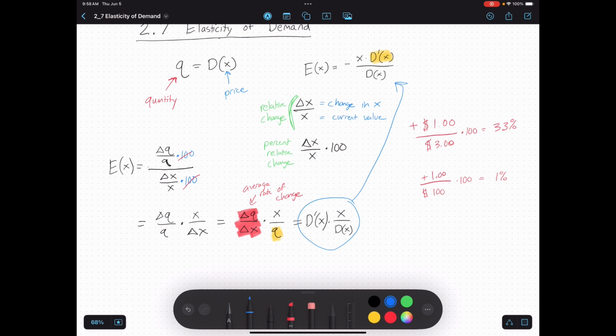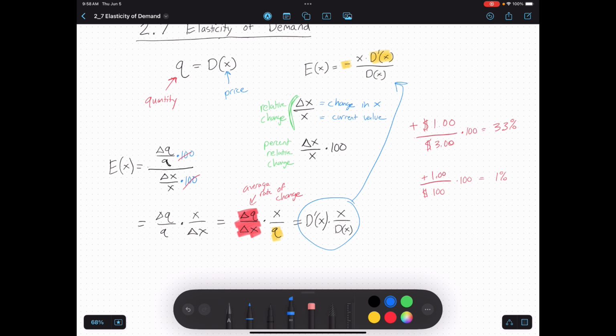The only thing that's missing is, where does this negative come from? The reason I add a negative to my elasticity of demand equation is when I take the derivative of my demand function, remember, what relationship should we always see with demand functions? If I increase the price, the demand will go down.